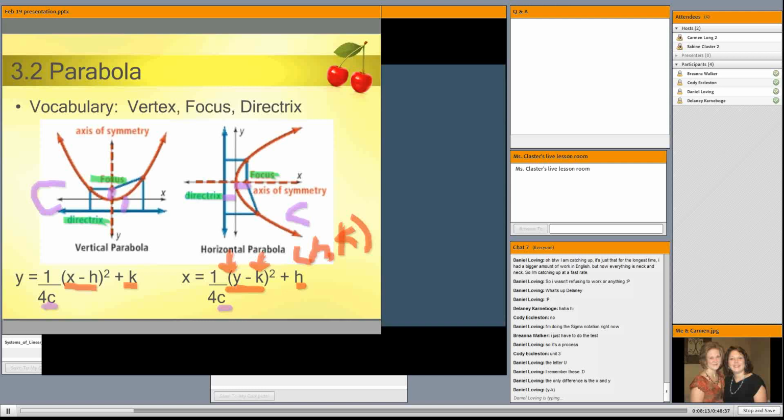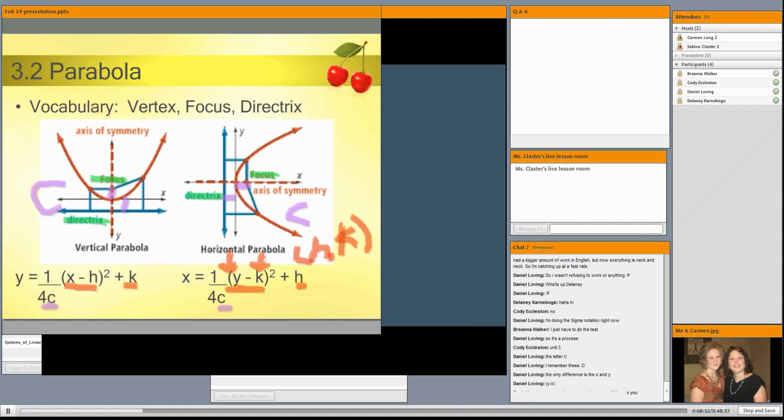And if it's a sideways parabola or horizontal parabola, it's going to be Y minus K. The Y part of the vertex stays with the Y variable. The X part of the vertex stays with the X variable. Does that make sense? Do you see the difference? And let's do some problems with it.